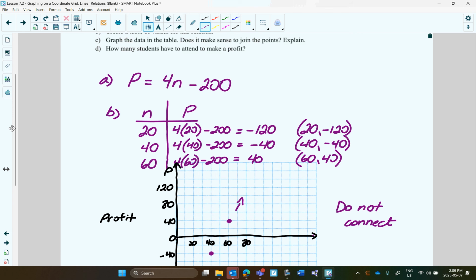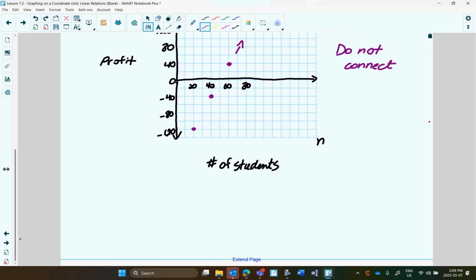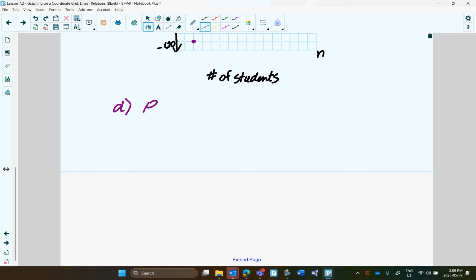So here's how we could answer. Remember, P is equal to, what was it again? 4n minus 200. And we want to find what's n when there's no profit.